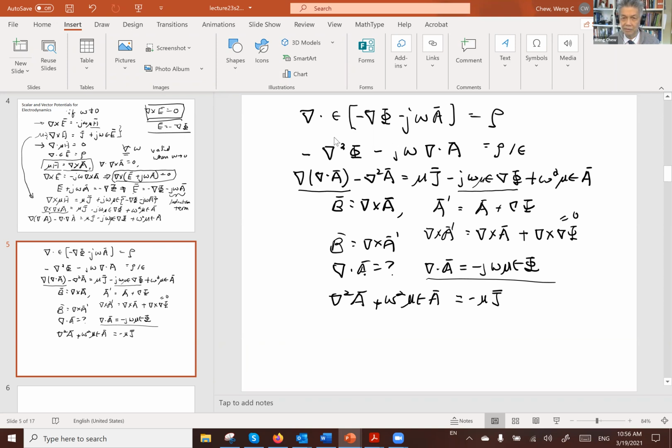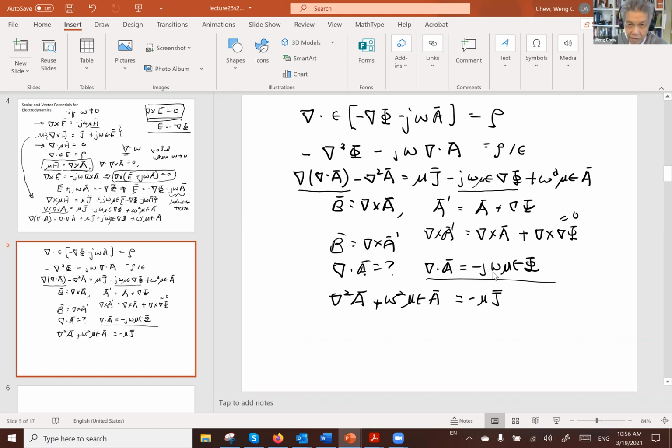And what about this other equation, the equation for the scalar potential phi? If I substitute the divergence of A to be that, it also becomes simplified in a sense. If you substitute this in here, minus j times minus j gives you minus 1. So this term will just become j omega times this complicated thing out here.